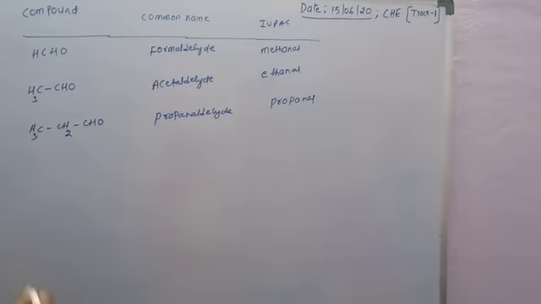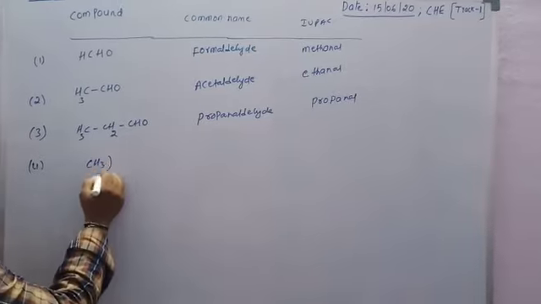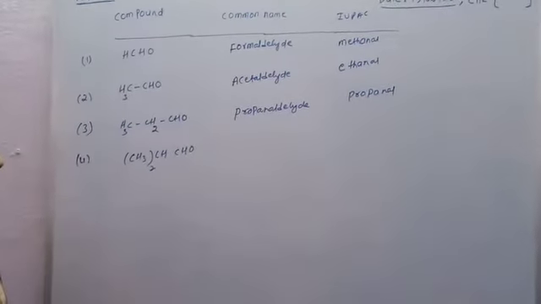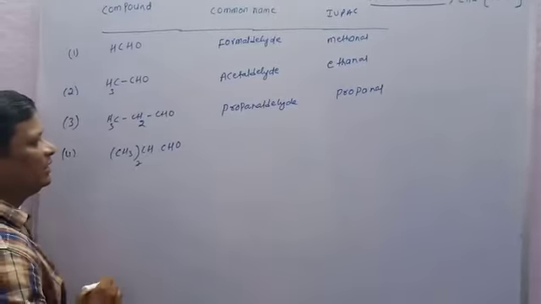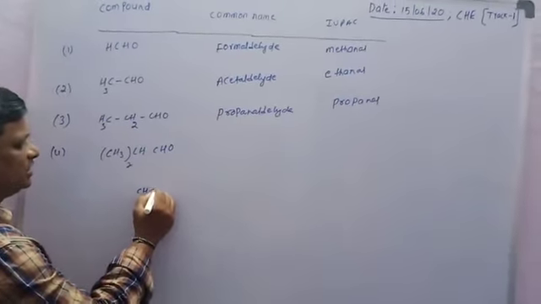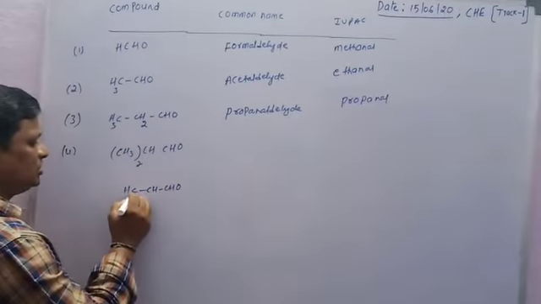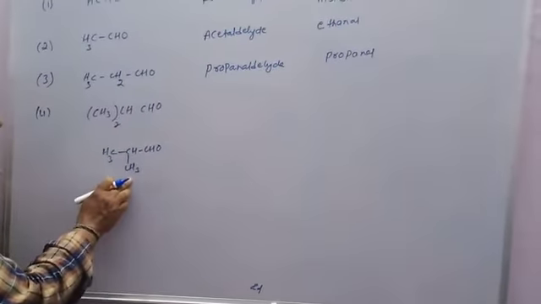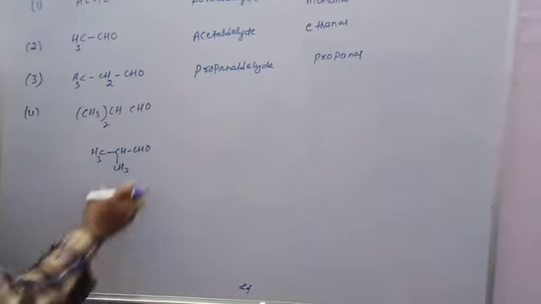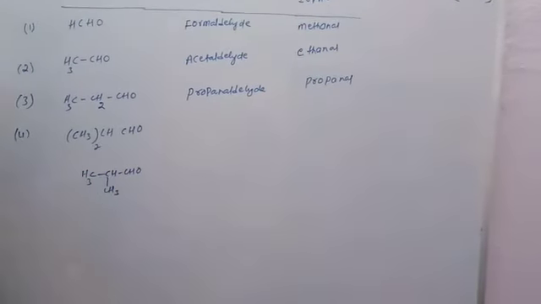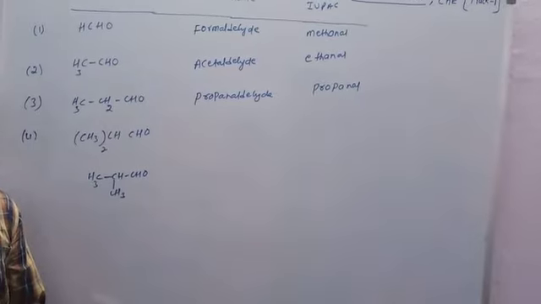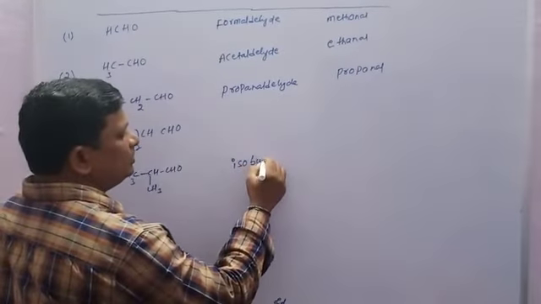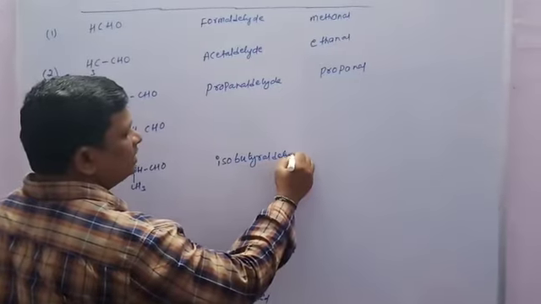Now the fourth compound is (CH3)2CHCHO. Simply, it can be written as CH with CHO and two CH3 groups.